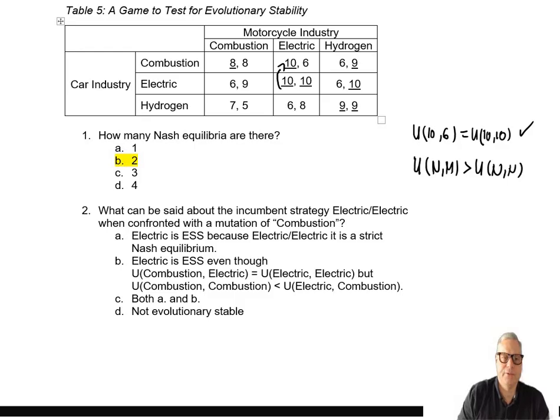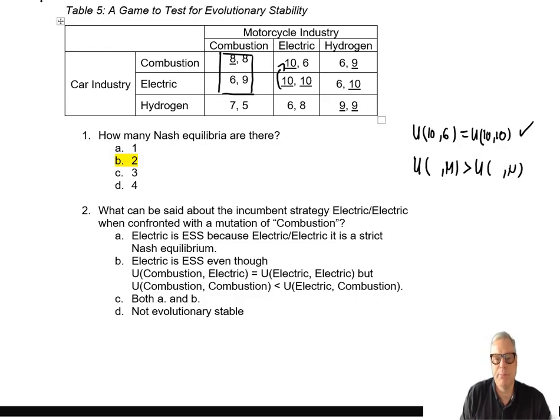Let's see this one again. Let's erase the N. Now we have to look at the incumbent, still somebody who plays electric, but now plays against somebody who's playing the combustion. So we have to look into this area.